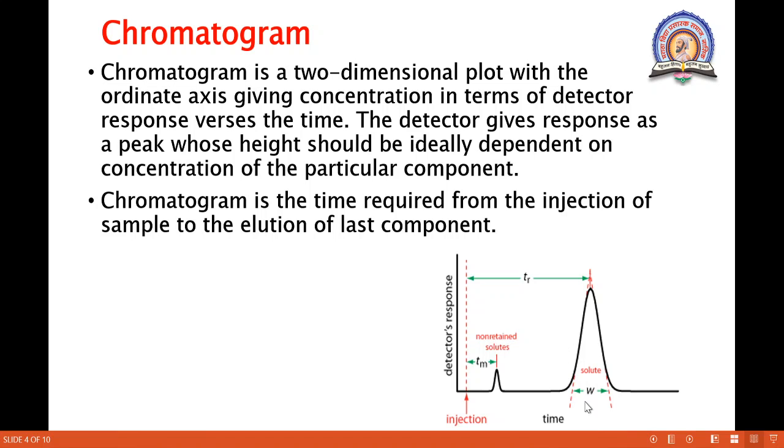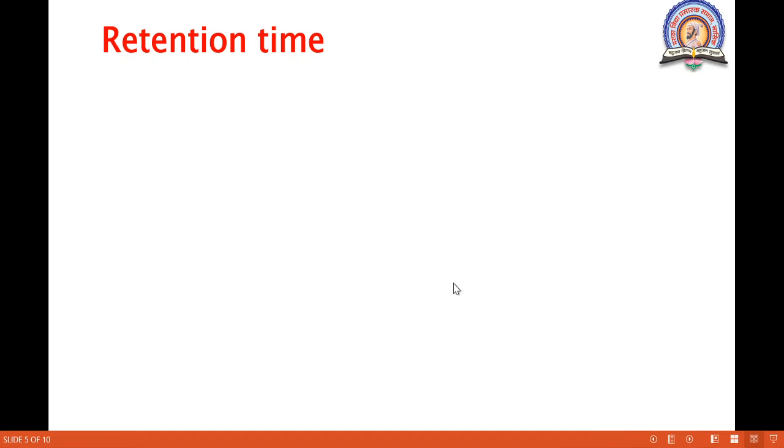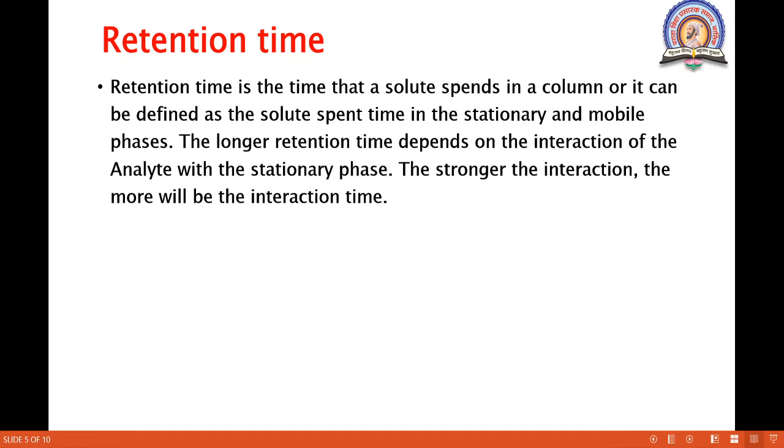How is the width of this peak calculated? We draw the tangents like this and find the width of this peak. This is nothing but the chromatogram. Then the next is the retention time. Retention time is the time that a solute spends in the column, or it can be defined as the time the solute spends in the stationary and the mobile phase.